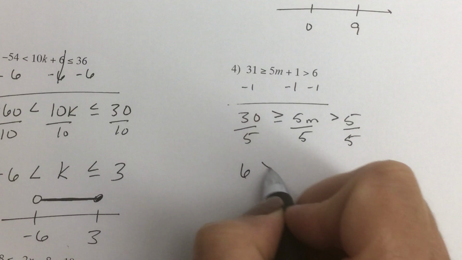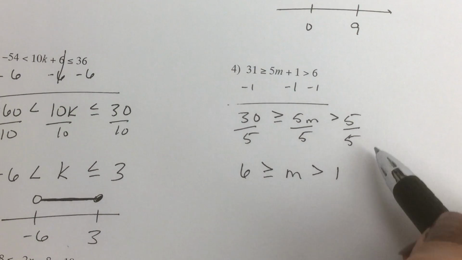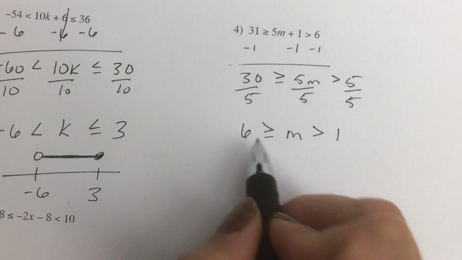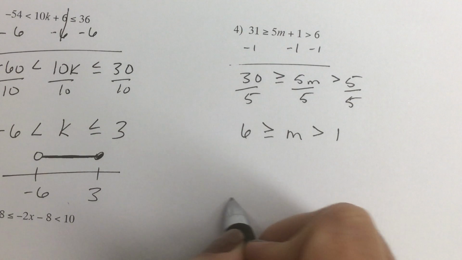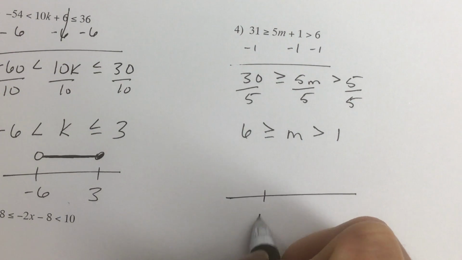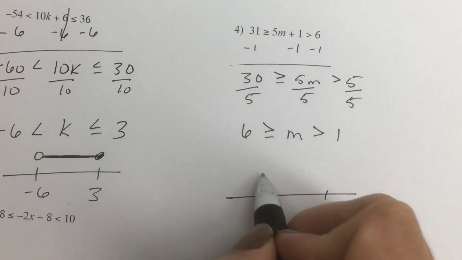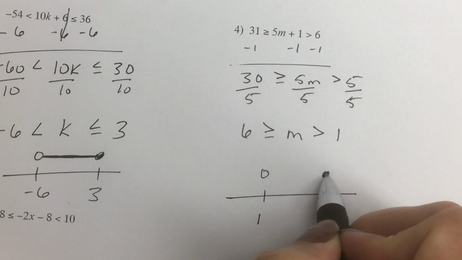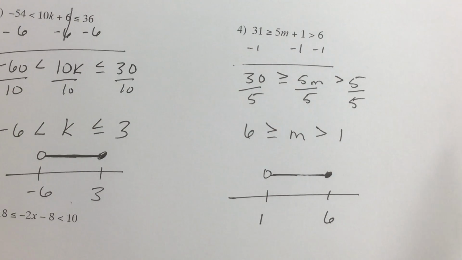So 6 is greater than or equal to m, which is greater than 1. 5 divided by 5 is 1. So that means 6 is the biggest, and it's bigger than m, but m is bigger than 1. So it's in between 1 and 6. On your number line, make sure you put it in the correct order. I need an open circle on the 1 and a closed dot on the 6, and I want to be in between, okay?